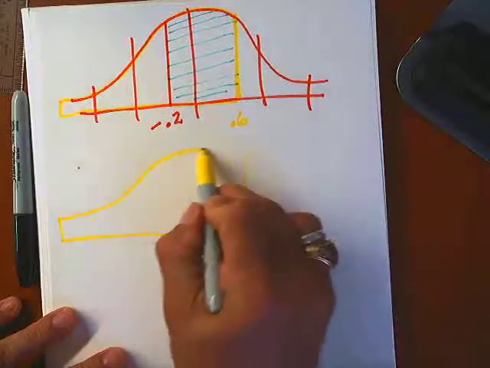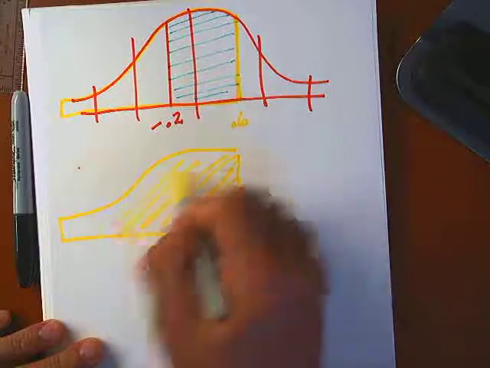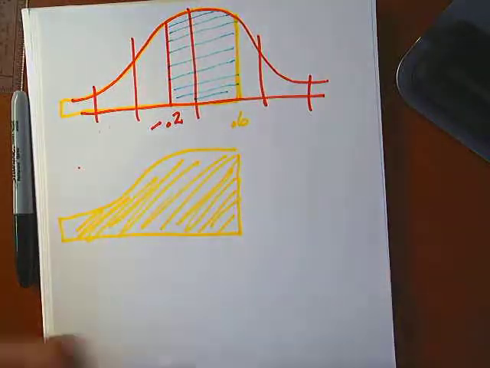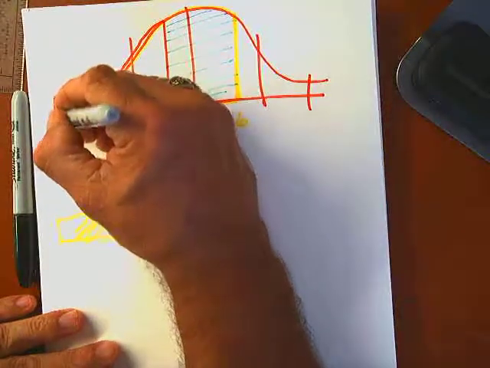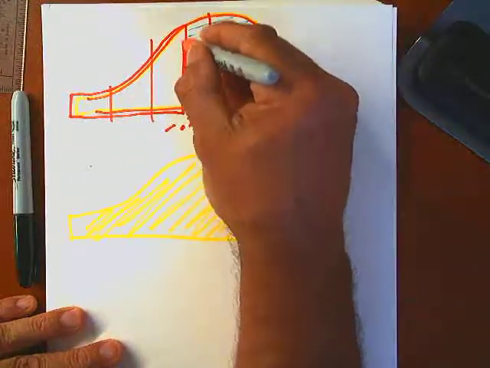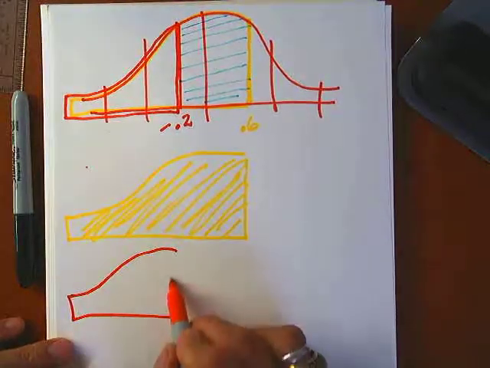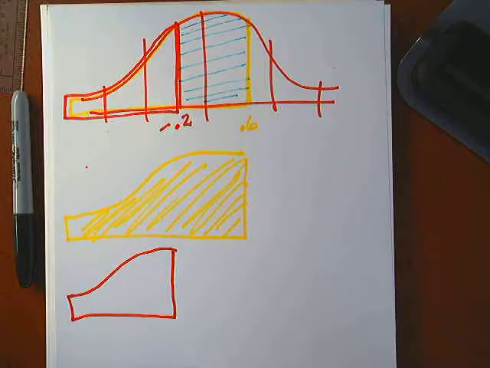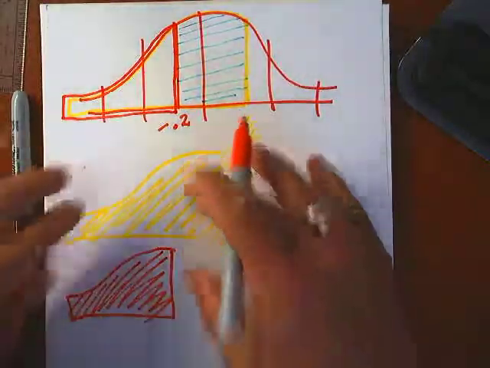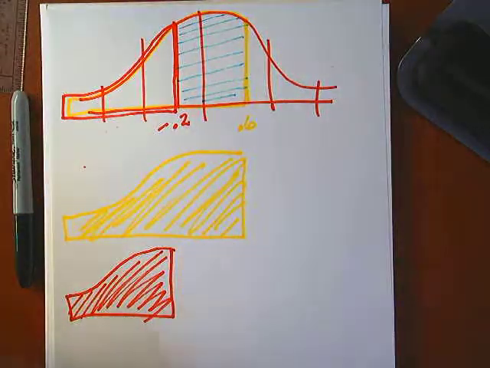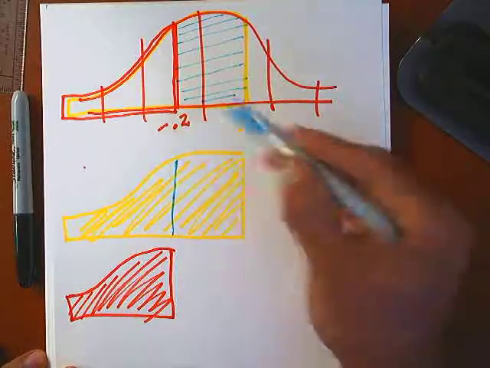Well, let me use another color. Let me use this blue. This is the area they're wanting. Now, how do we get that area? Well, you take the larger area, which is the yellow, and I'm going to draw it right here. There's the larger area. It's in yellow.